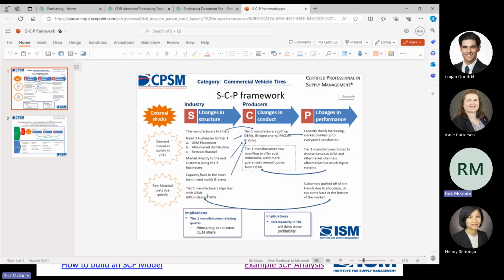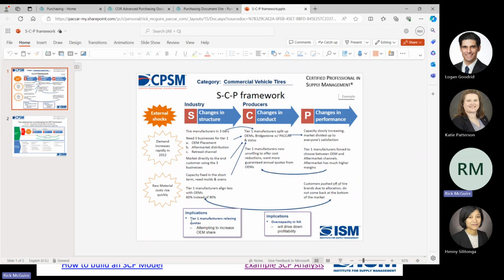It just shows you structure. How is the industry structured? Was that structure the cause for conduct? And then what does that conduct cause for performance? And then there's feedback loops. So these changes in performance cause these changes in structure.